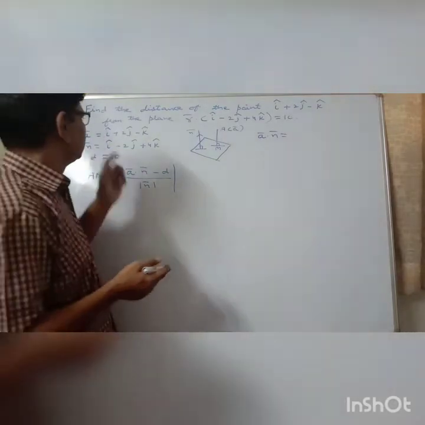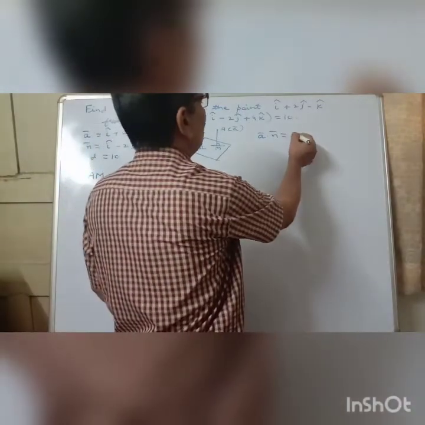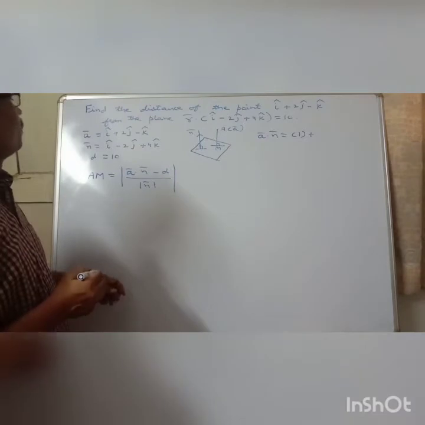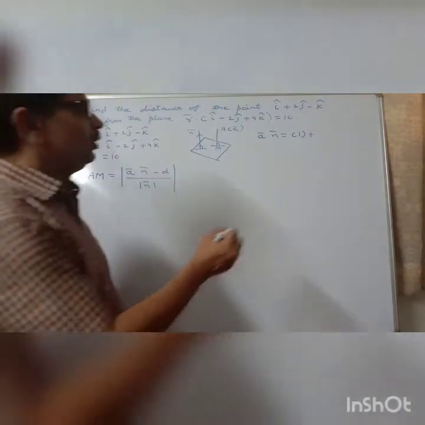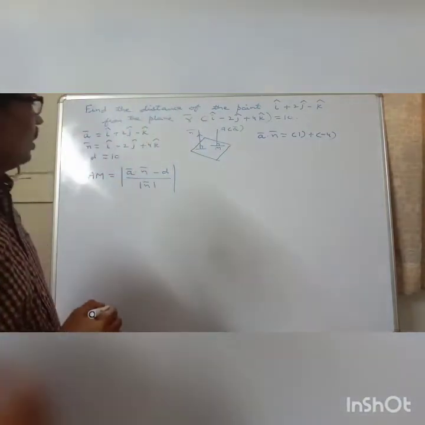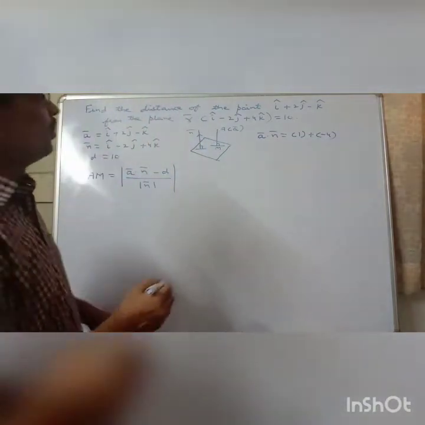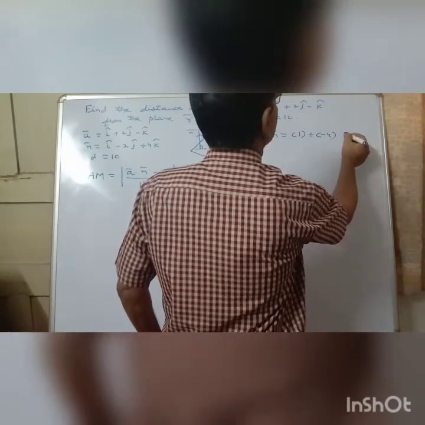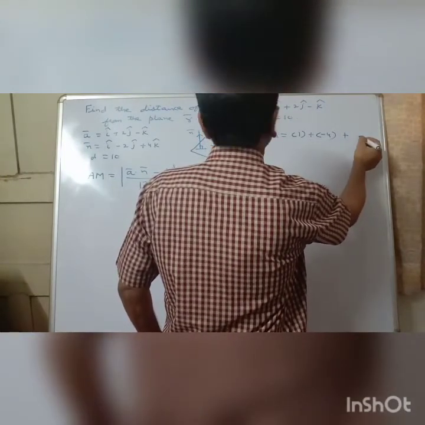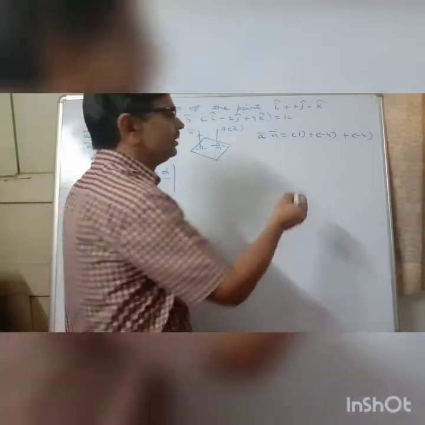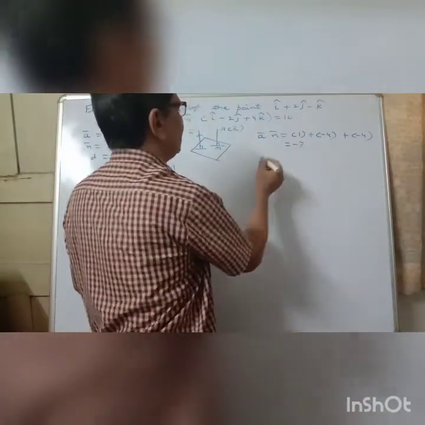Product of coefficients of i, 1 into 1, 1. Plus product of coefficients of j, 2 into minus 2, minus 4. Product of coefficients of k, minus 4. So 1 minus 8, that is minus 7.